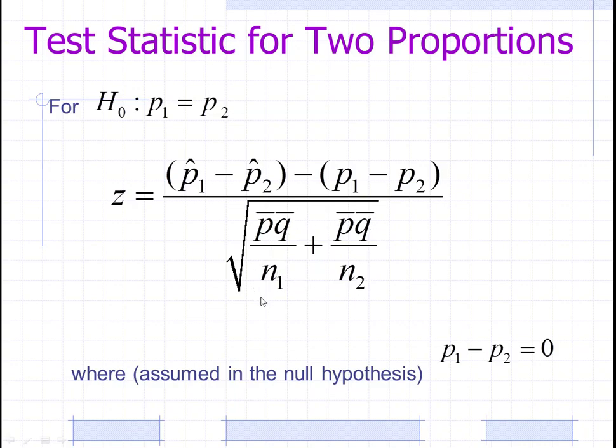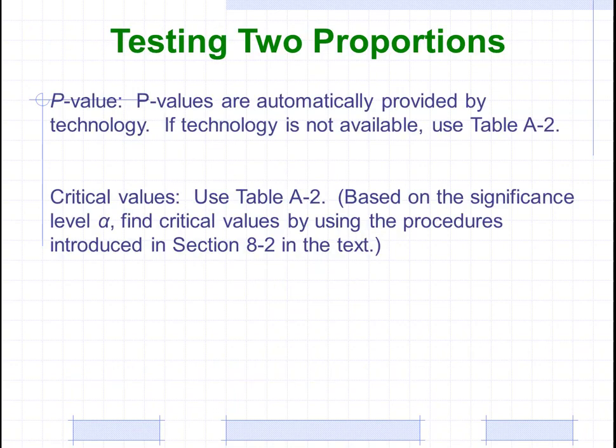This can get a little tedious when you're working with those fractions, but guess what? We're going to use StatCrunch to do this. So we are going to, again, concentrate on the p-values.